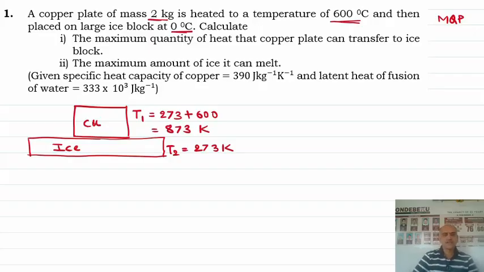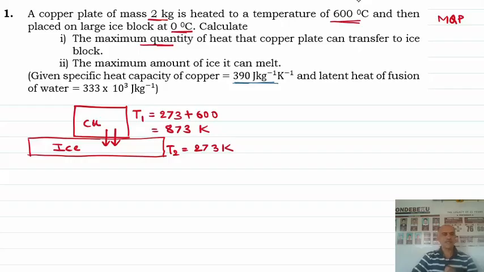Now there is a flow of heat from higher temperature to lower temperature. You are required to find the maximum quantity of heat that the copper plate can transfer, that is, the amount of heat that goes from copper to ice. If you read the question fully, he has given the specific heat, 390 joule per kg per Kelvin.